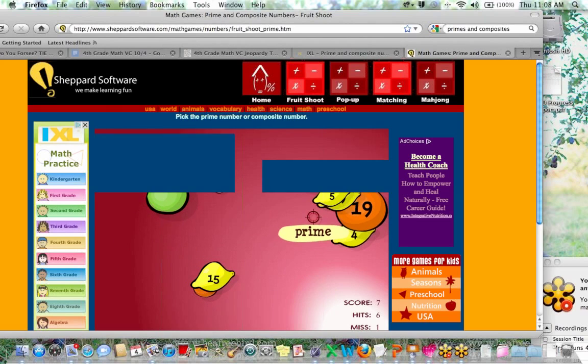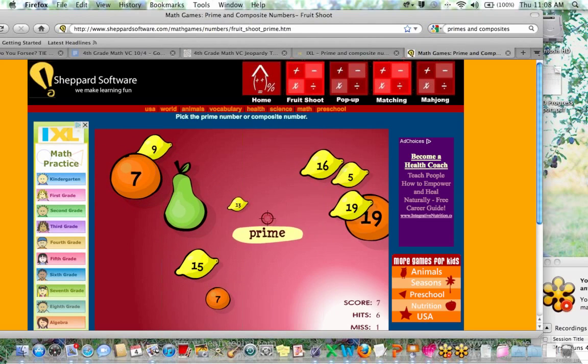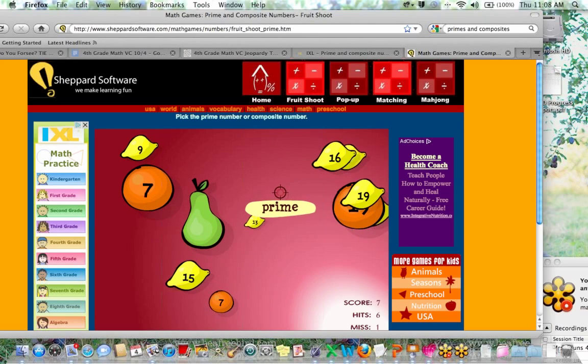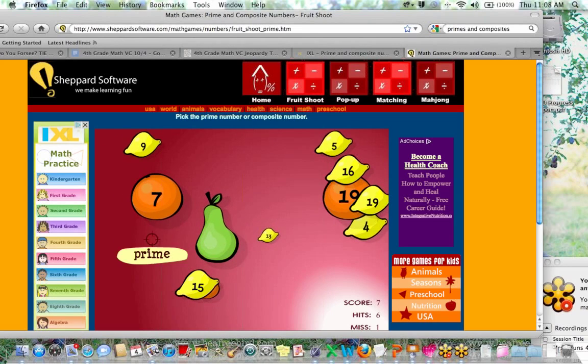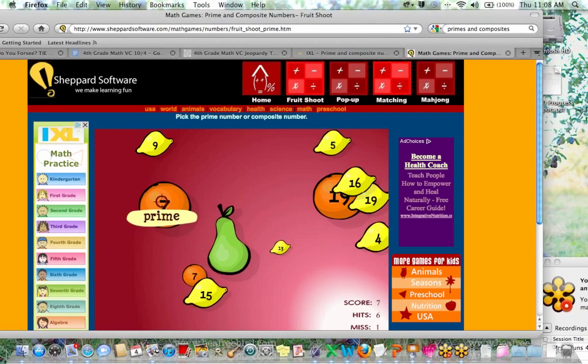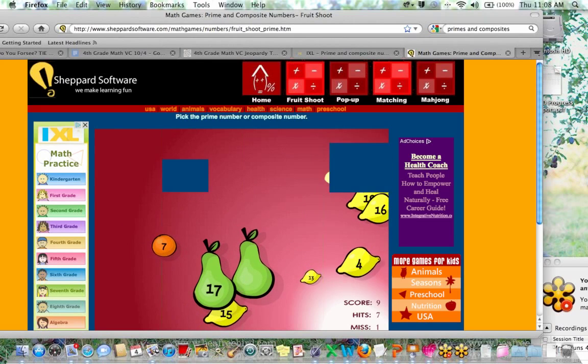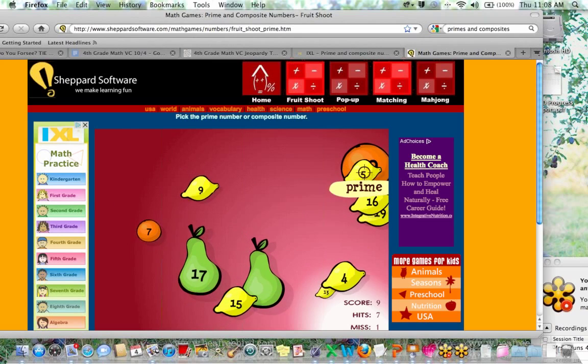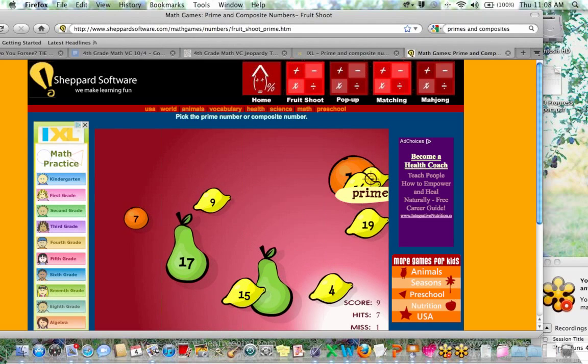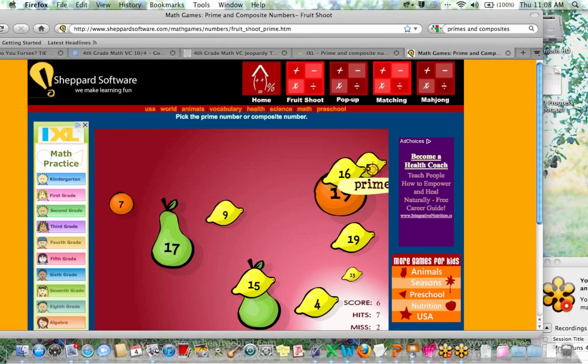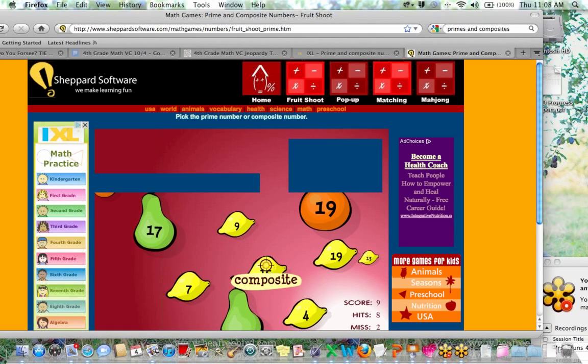Okay, they switched it back to prime. I'm not seeing the 5, but I see a 7, so I'm going to shoot the 7. Okay, perfect. And there's a 5. Prime. Come on. Oh, I didn't mean to shoot the 16.